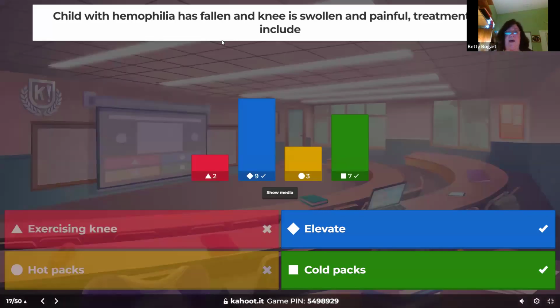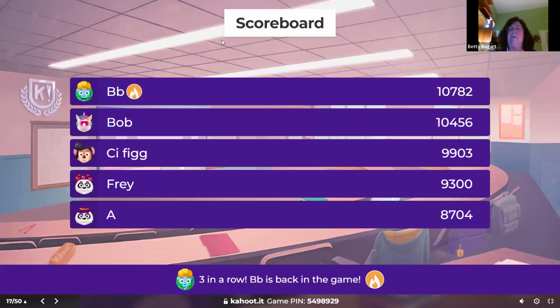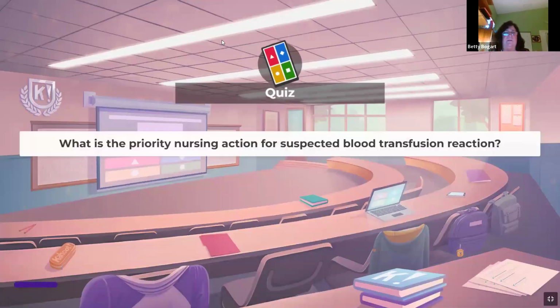So you're going to do that RICE, right? You're going to rest, ice, contain, and elevate for sure. You put exercise in the knee, you're going to create bleeding. You put hot packs, you're dilating the vessels and you're going to increase bleeding. So that's why you elevate and use cold packs.